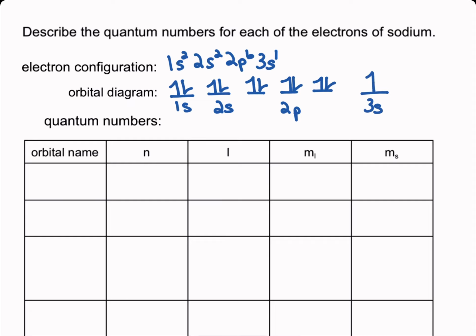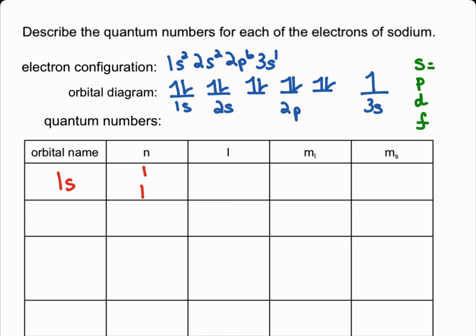Now I want to describe the quantum numbers. I'm going to describe the 1s first. In 1s, the principal quantum number is 1, 1. The principal quantum number is the whole number. And s has to have a shape. Let me remind myself. There are the shapes s, p, d, f.